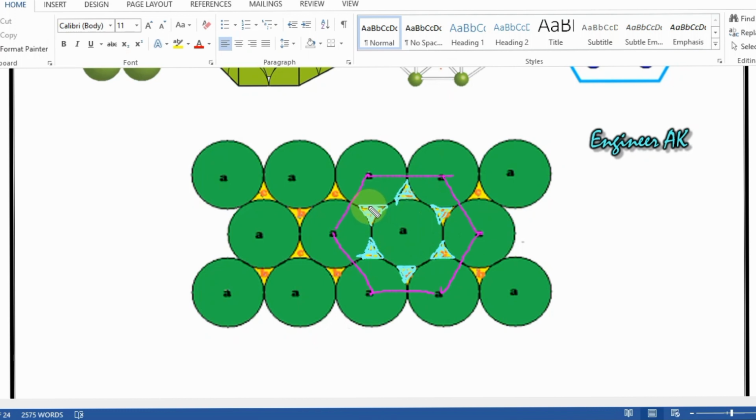So what they have done is they have placed one atom here, like that, then they have left this triangle, then again they have placed one atom here, then again they have left one triangle, and again they have placed another atom here.